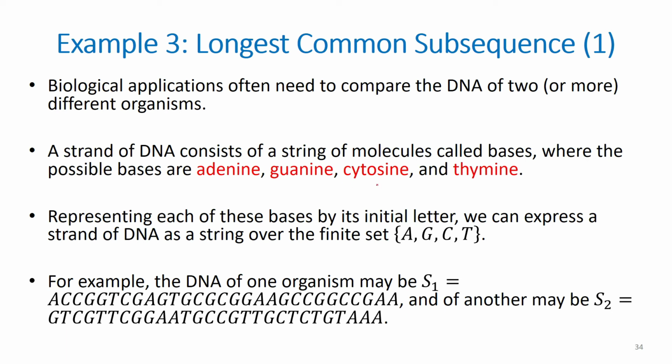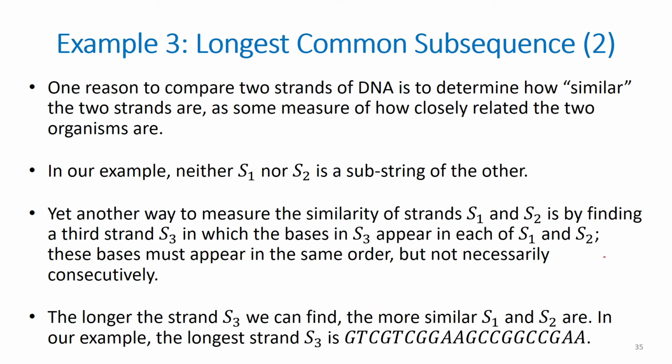For short, they are represented by the alphabets A, G, C, and T respectively. So if S1 is the DNA strand of organism 1 and S2 is that of organism 2, we want to find the longest subsequence similar in both strands. Such a comparison of the 2 DNAs tells us how closely the 2 organisms are likely to be related.